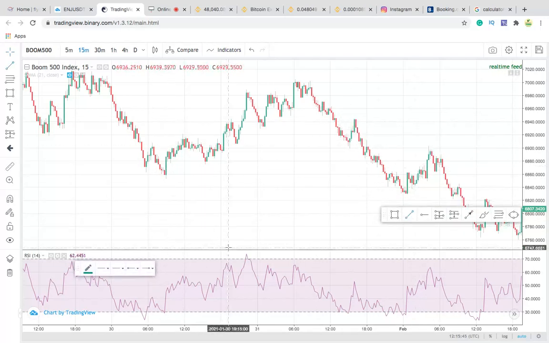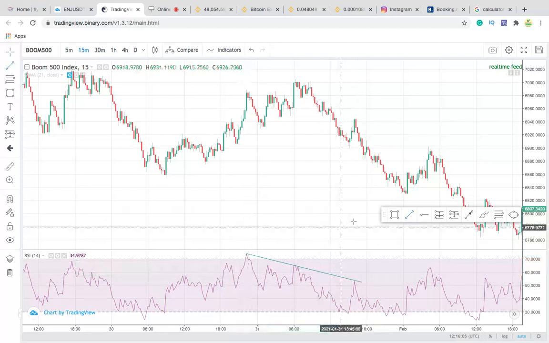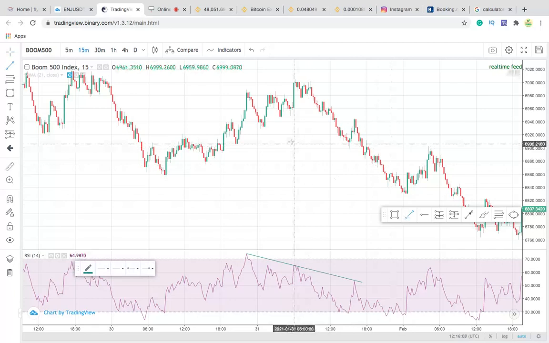Okay, out here the market keeps on making higher highs and higher highs, so you can see this is a short-term bullish trend. From here, as we see on the RSI, the market started diverging, whereas on the chart, this is what we have: higher highs and higher highs.